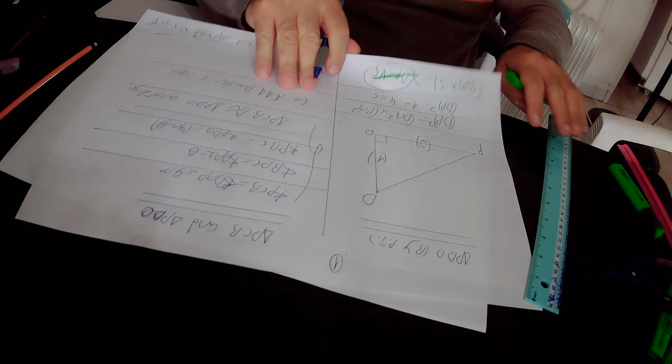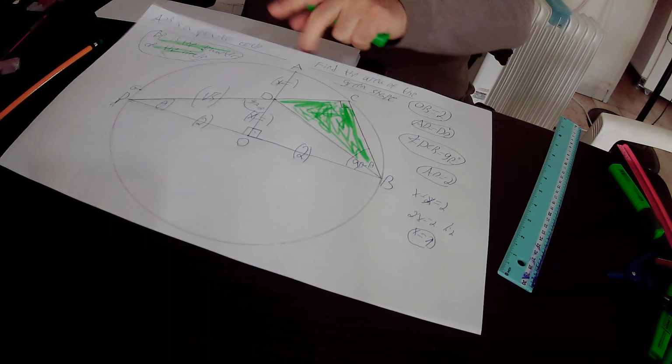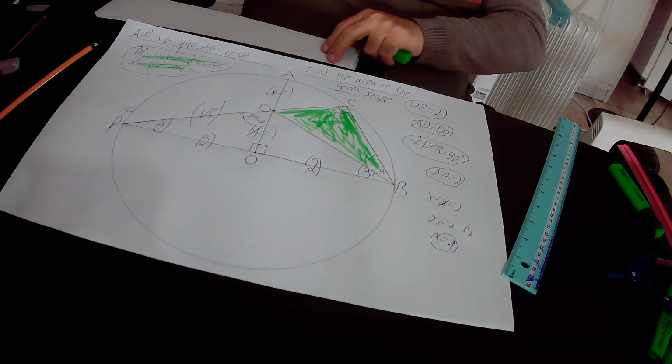And for the fact that the right big triangle PCB is similar to the right small triangle PDO, we conclude that the following relationship exists between their sides.